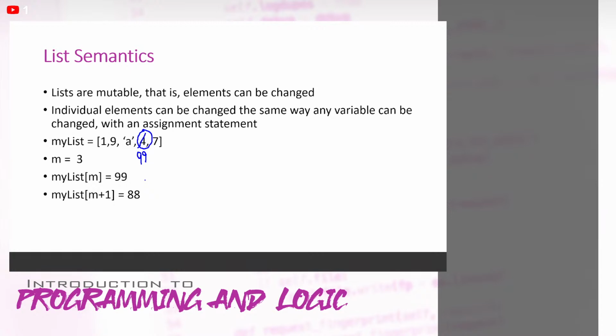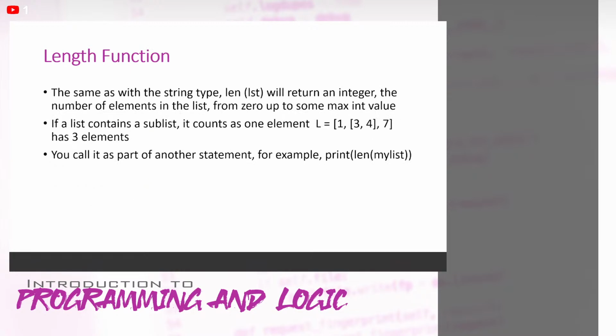The next line after that looks at M plus 1. The value of M is still 3, so this would be 3 plus 1, which is index location 4, the next one in the list. And we're doing a reassignment of that value there as well. We just saw some examples of that.